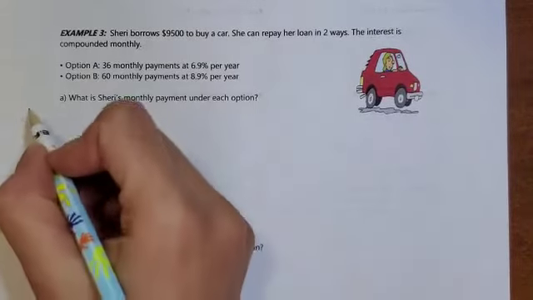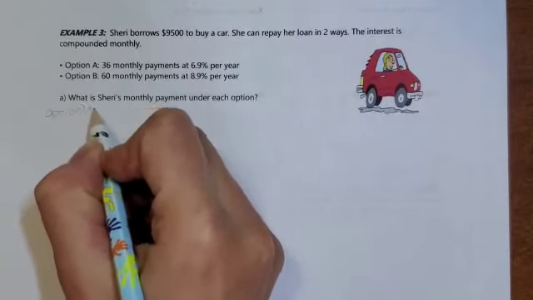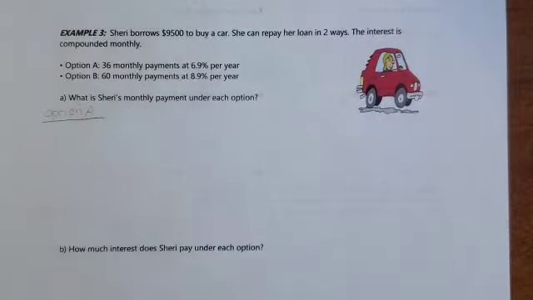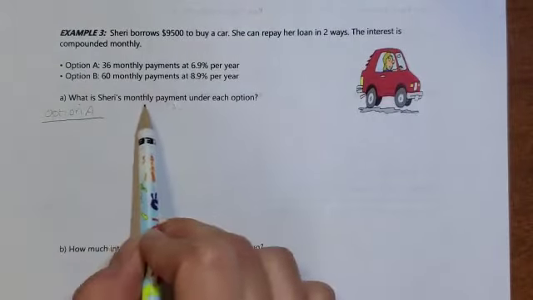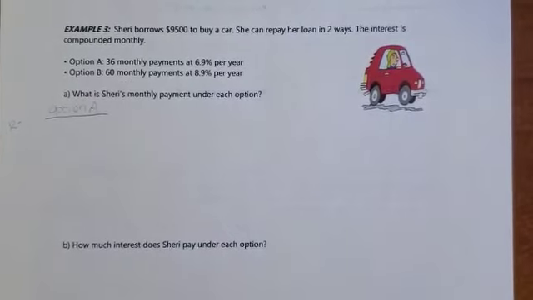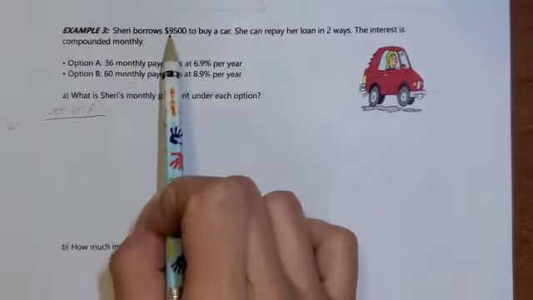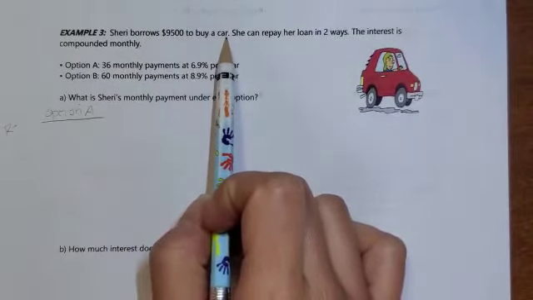So let's look at A. Okay, so we're being asked for monthly payments, so that is R. But now is this a future value or present value? So Sherry borrows $9,500 to buy a car.